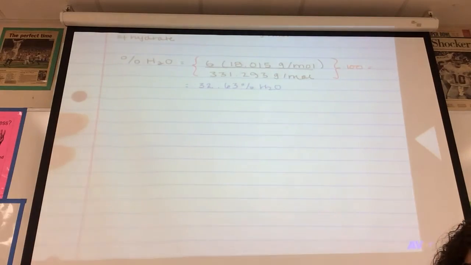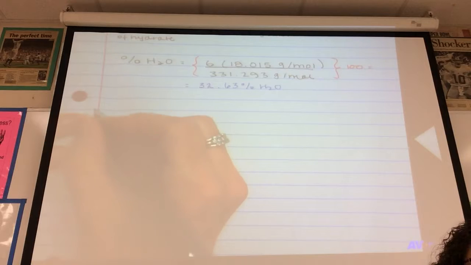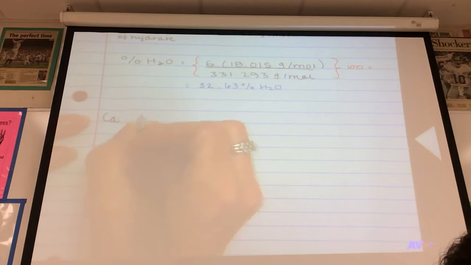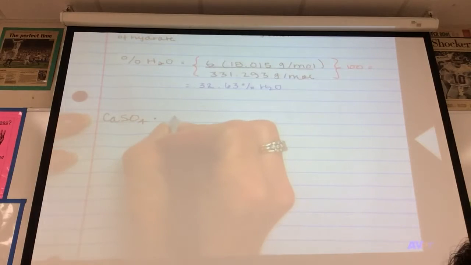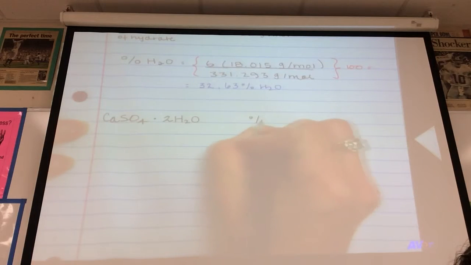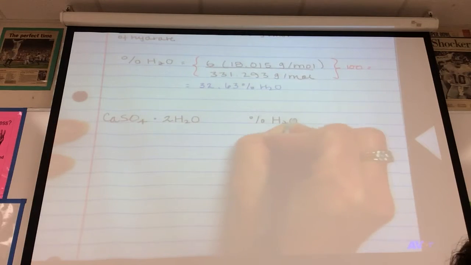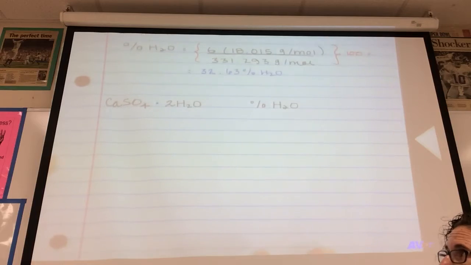How do we write that? Calcium sulfate, di is 2, H2O for water. I want you to figure out the percent of water. You want to try? Yeah. Go for it.